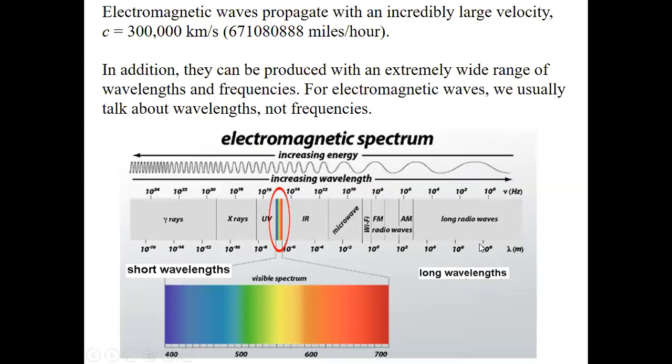Within this range, we can see the radio waves, which have the largest wavelength. Then FM and AM radio waves. Wi-Fi belongs somewhere here, and then come the microwaves.